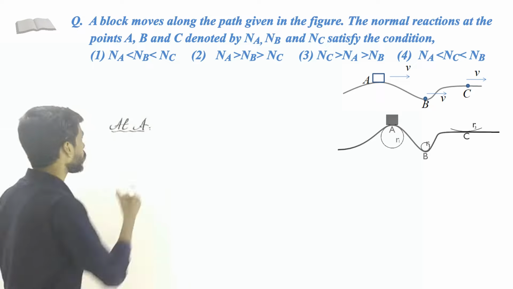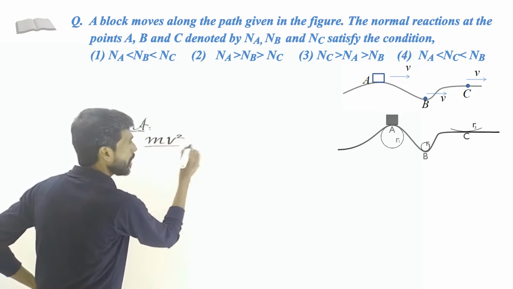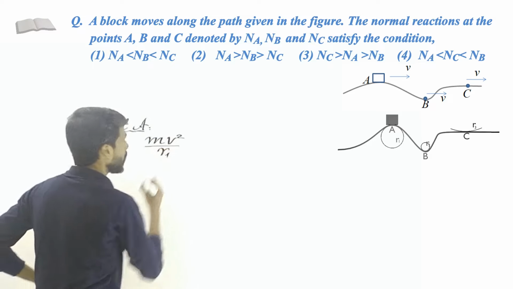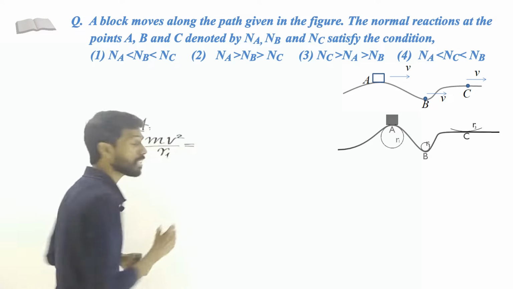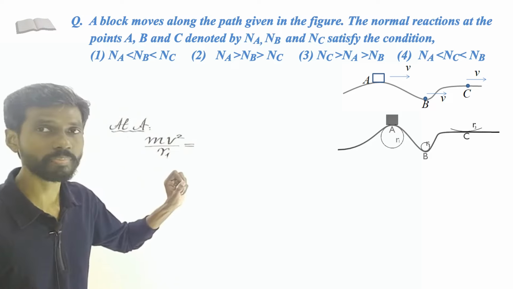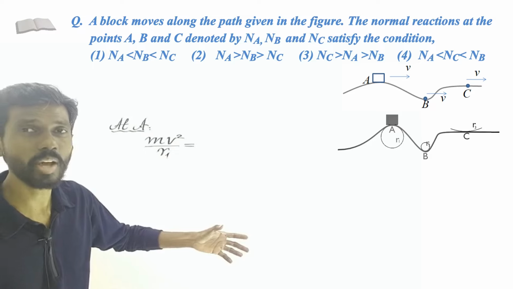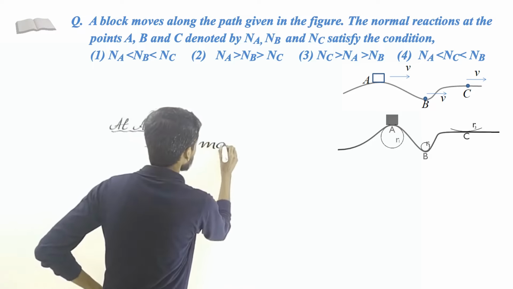What is the centripetal force formula? M v square divided by the radius r1, so mv square by r1. That is equal to the force that contributes to the centripetal force here. That is the gravitational force in the downward direction, mg. Not only that, the normal reaction is in the opposite direction.